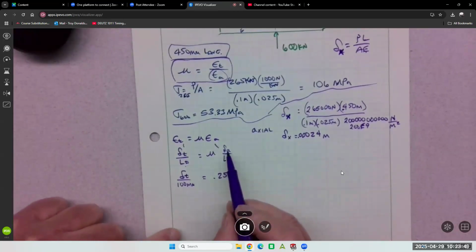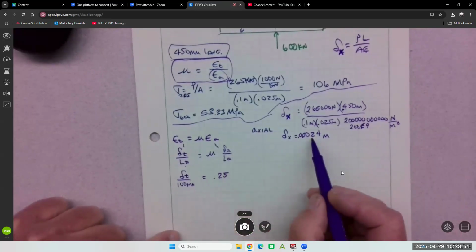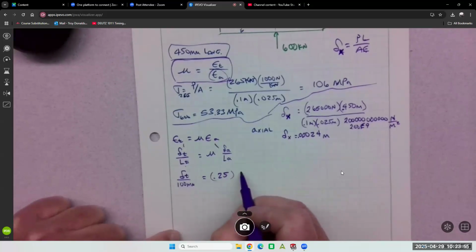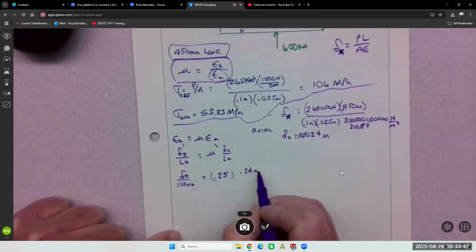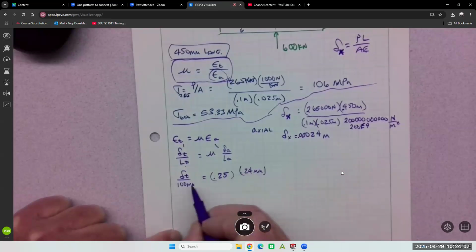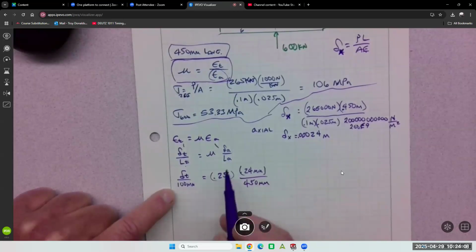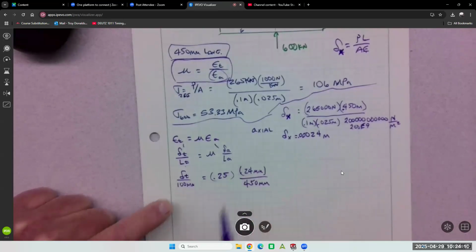What was our axial deformation? 0.24 millimeters. I put it in millimeters because I have this in millimeters. And then the original length of the axial.